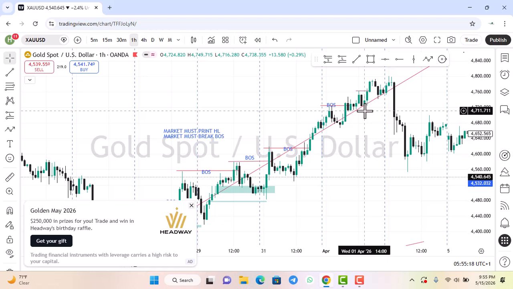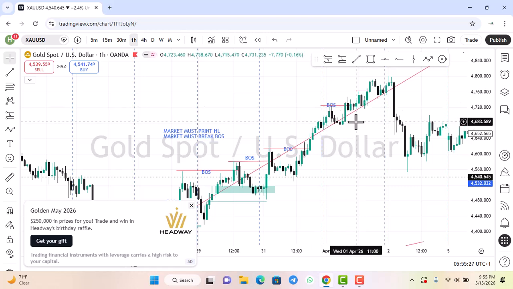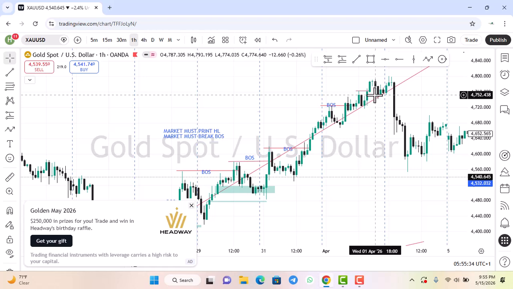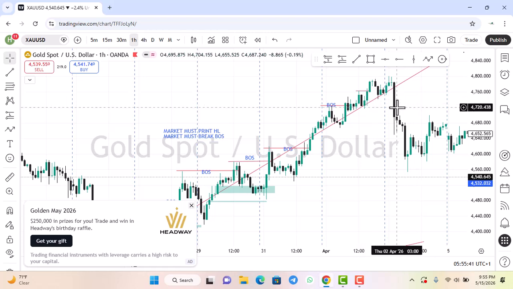But for example, this particular one you are seeing here, market is already in an uptrend, and we want to know what determines the change of market direction. Now we are using trend line. And this trend line actually helps you to define valid market structure.